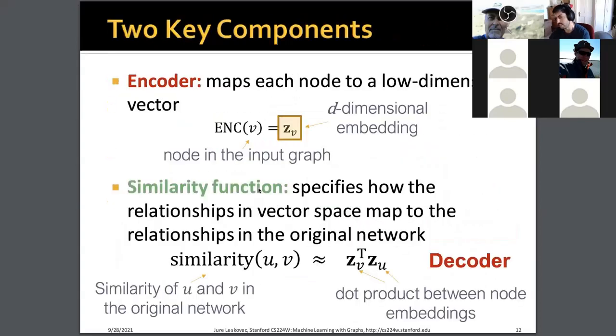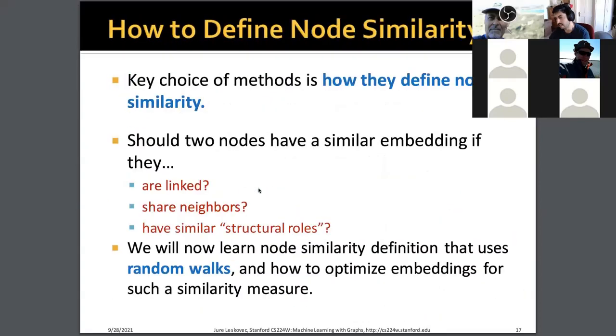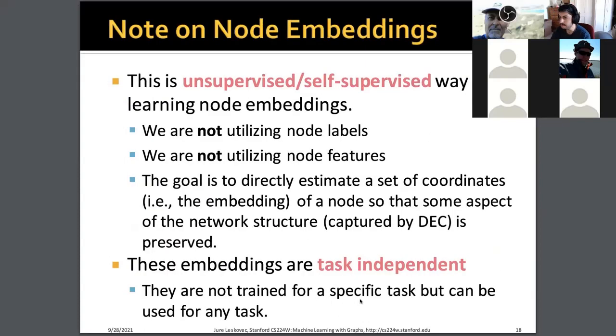You can use some of the things that we learned in previous chapters, like clustering coefficient and betweenness and stuff like that. But in general, what people use are random walks, and we'll learn about random walks on the next few slides. The core of this is that it's unsupervised or self-supervised. We don't have any labels. We don't have any features.